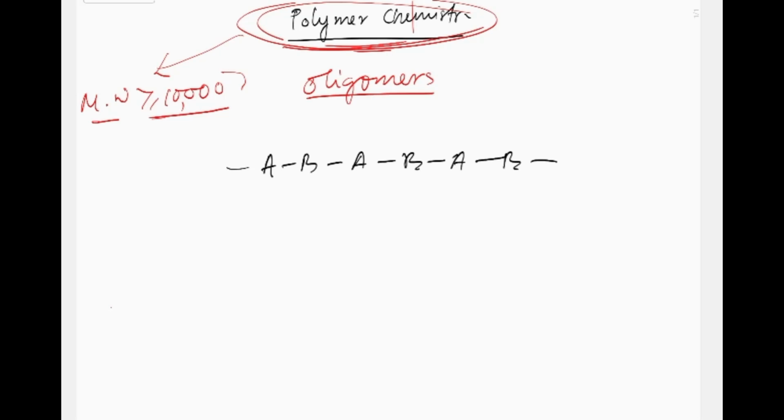The repeating unit is the smallest unit that gets repeated in a polymer chain structure, right? This whole structure of a single polymer molecule is termed as a polymer chain. Okay. So the smallest part that is being repeated in the polymer structure is called the repeating unit. So what is the smallest structure in this? The smallest structure that is getting repeated is this one, right? So this is called a repeating unit.